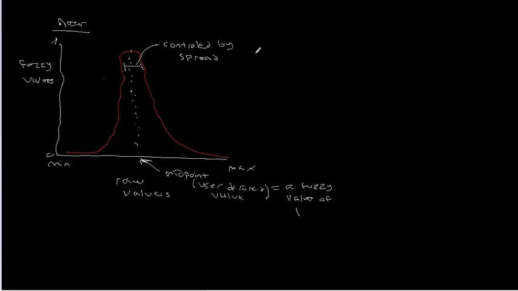If we decrease the spread, this bell will get more narrow, meaning the fuzzy membership values decline faster.